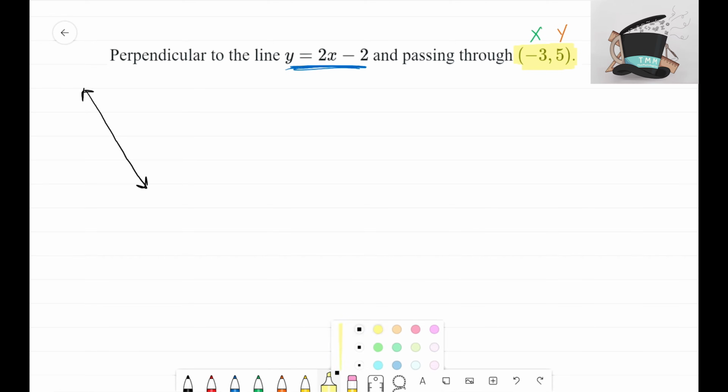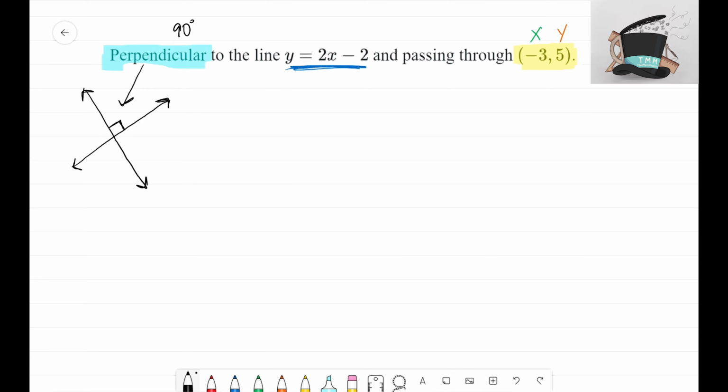Perpendicular means that another line intersects the original line, and more importantly, the angle at which they intersect is a 90-degree angle. That's what it means for lines to be perpendicular: two lines intersecting at a 90-degree angle.